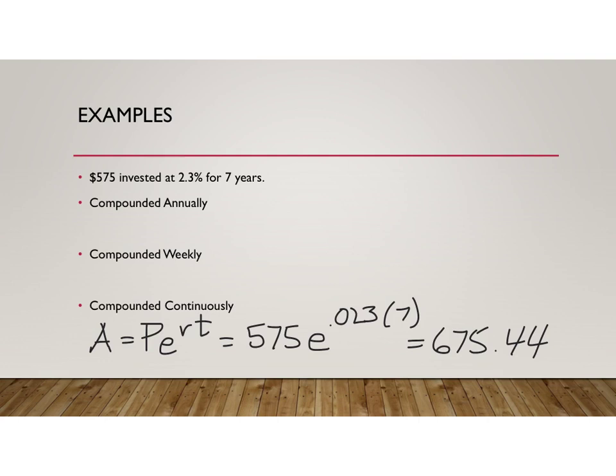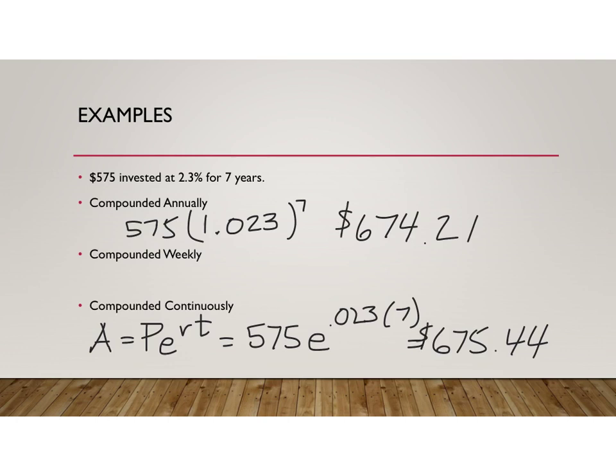Now just to show you how this changes here, if it's annually, it's 0.023. I would add the 1, take it to the 7th power. And this would give us a total of $674.21. And then weekly, we would take that rate, divide by 52 weeks in a year, add 1.